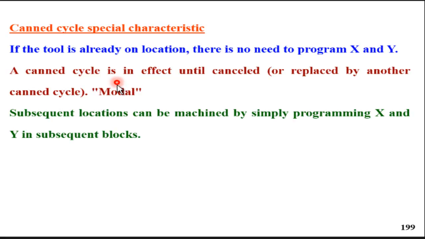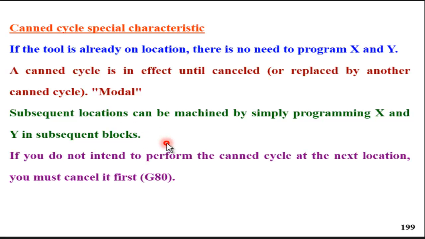So subsequent locations, subsequent movements of the tool, can be machined by programming X and Y in subsequent blocks without changing the canned cycle, if the canned cycle is required in the second position. We will see some applications about this characteristic.